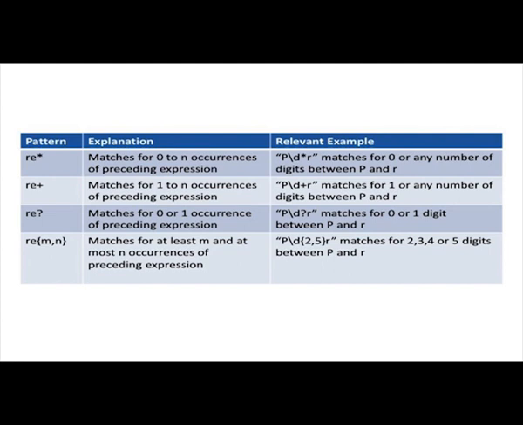Similarly, if I give a question mark, it matches either 0 or 1 occurrence of the preceding expression. If I give it as {m,n}, it will match between m and at most n occurrences of the preceding expression.